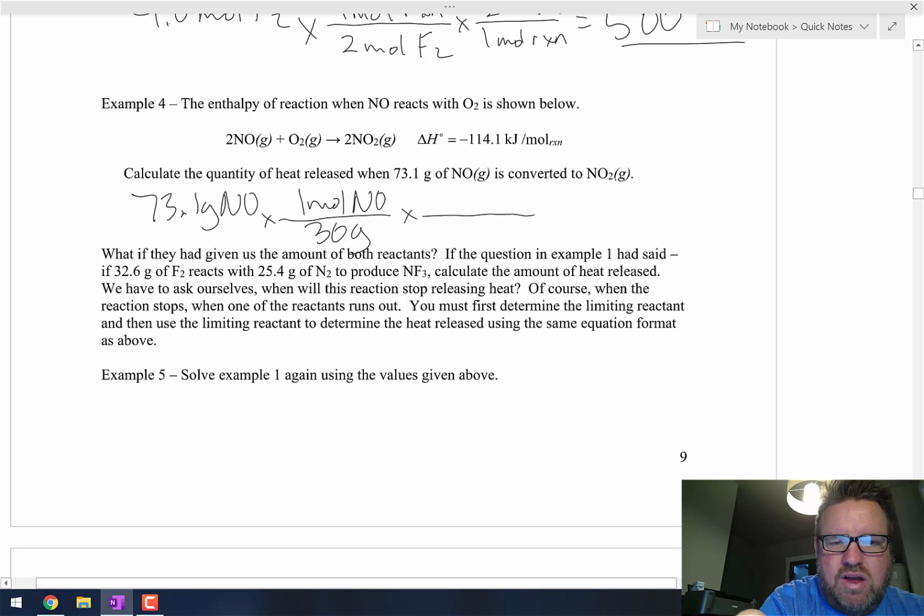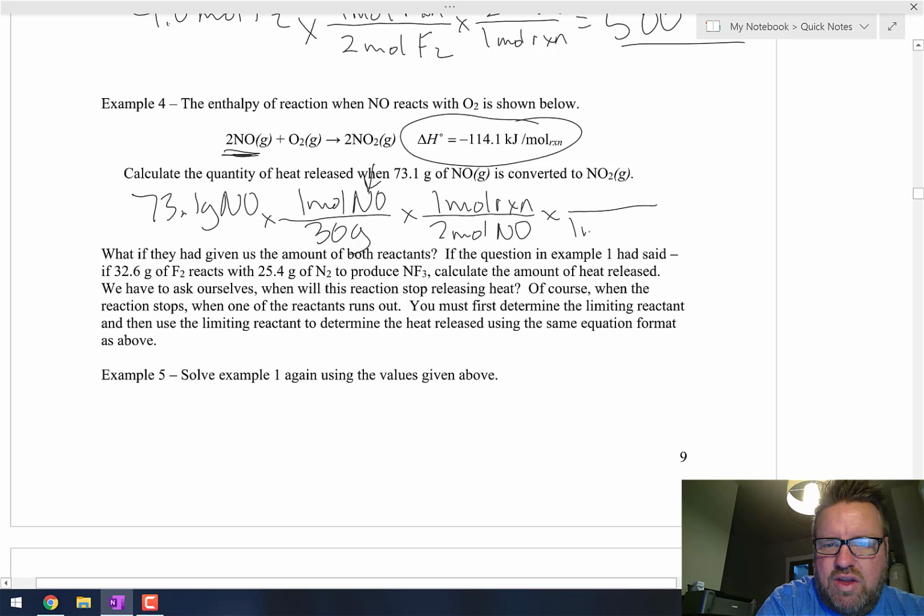And then based on the balanced equation, we've got 2 moles of NO that react, and every time they react, that is 1 mole of that reaction happening. And then we go to our delta H value. 1 mole of the reaction releases 114.1 kilojoules of heat.